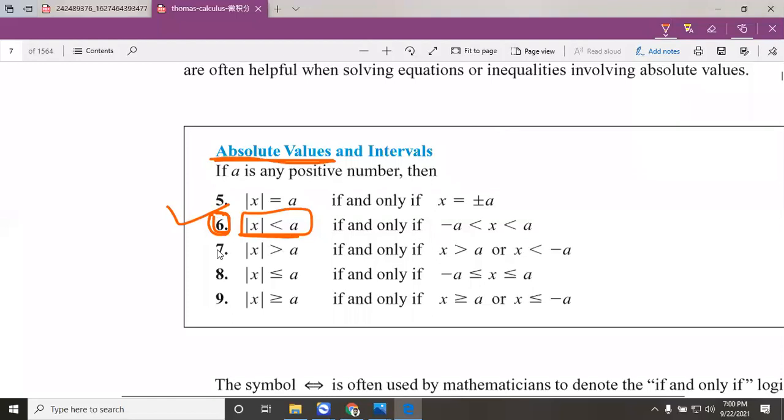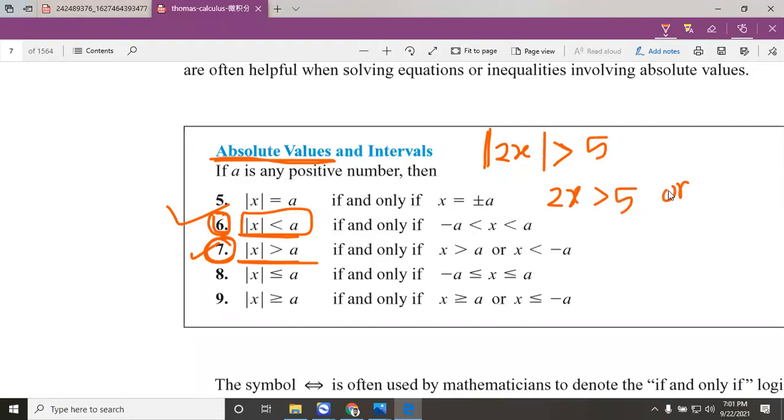Let's go to the third rule. If we get something like modulus of 2x is greater than 5, the third rule: if modulus of x is greater than a, then our interval will be 2x is greater than 5 or 2x is less than -5.